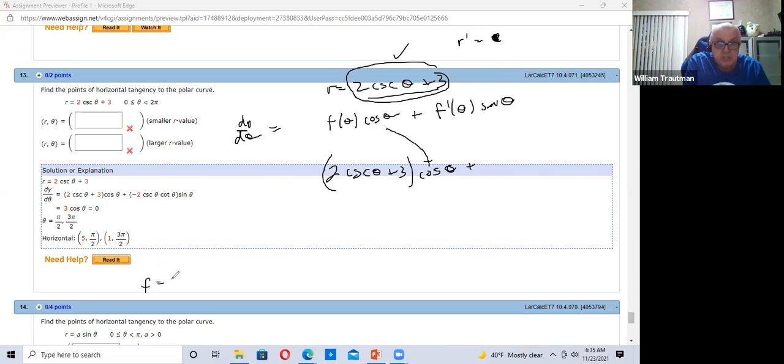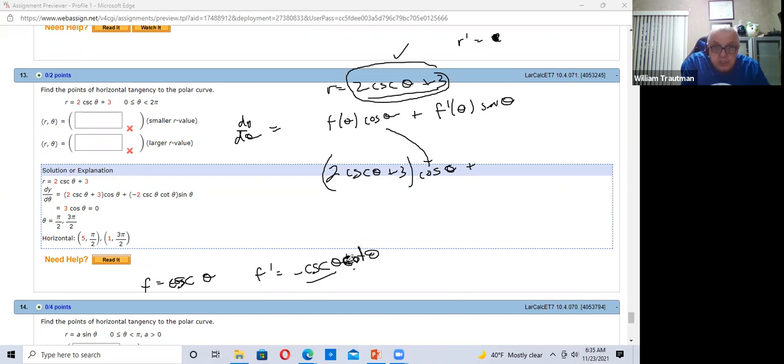If f is cosecant theta, then the derivative of f is negative cosecant theta cotangent theta.